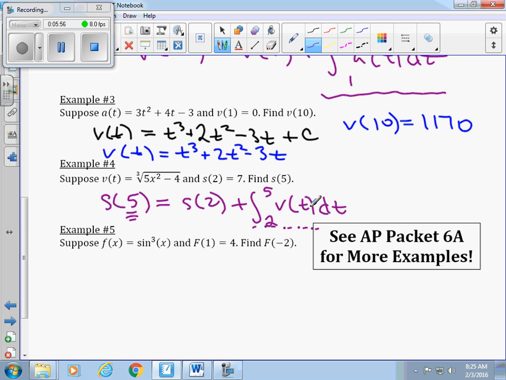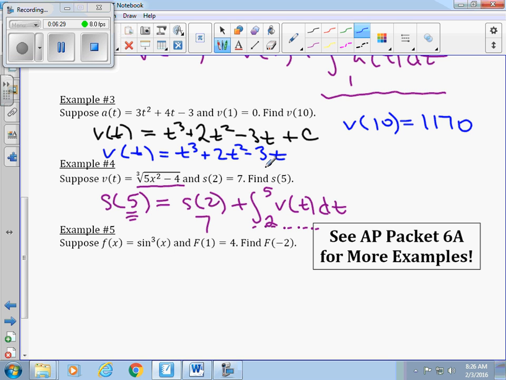Let's put v of t in the calculator. And what is s of 2? 7. So how do you do math?